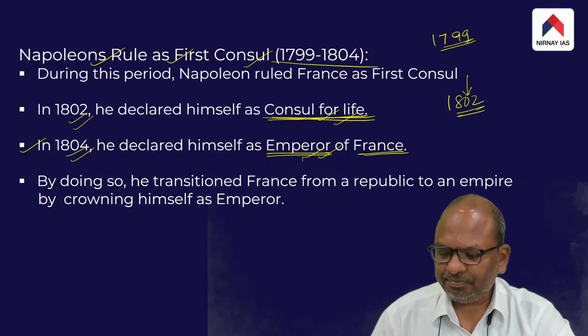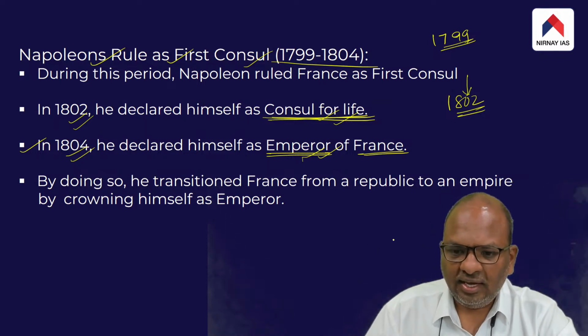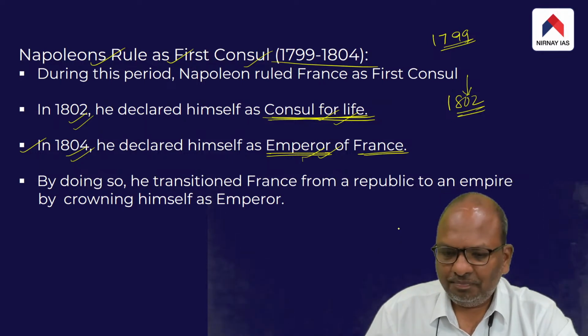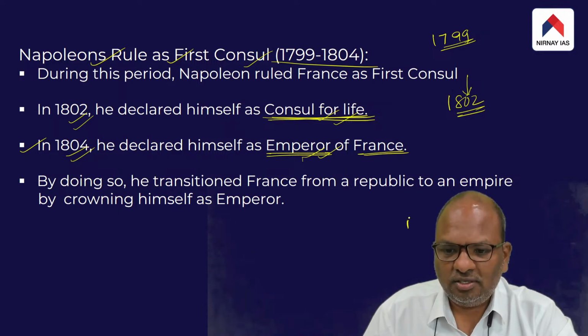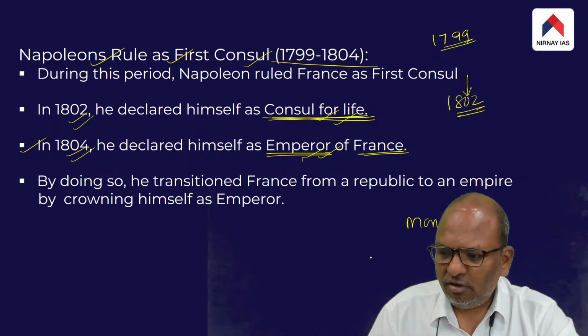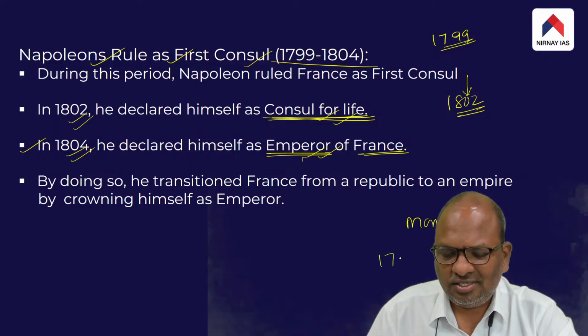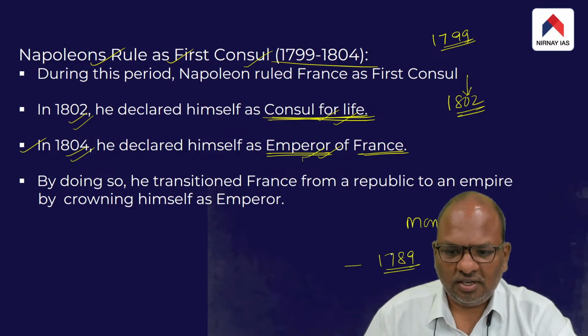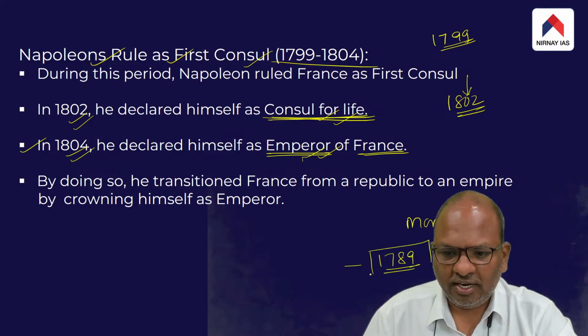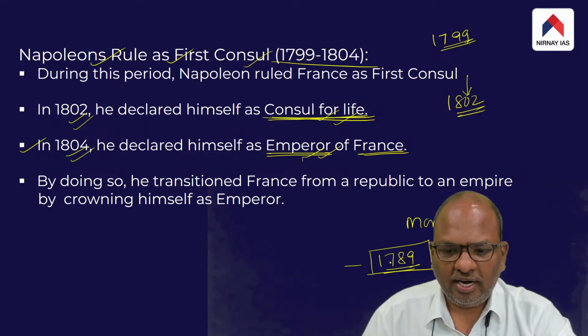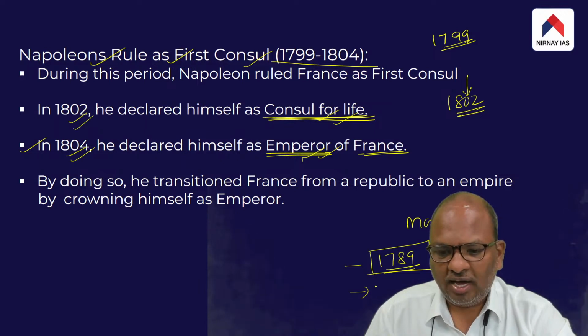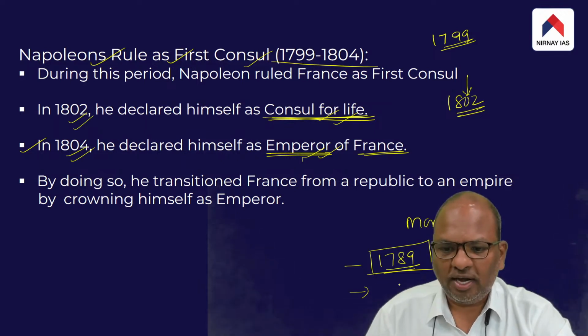in France. So why did the French Revolution break out? The French Revolution, in a way, broke out against monarchy. Basically, France was a monarchy till 1789. The people of France got fed up with the monarchy, and hence they revolted against monarchy in 1789 and declared France a constitutional monarchy.